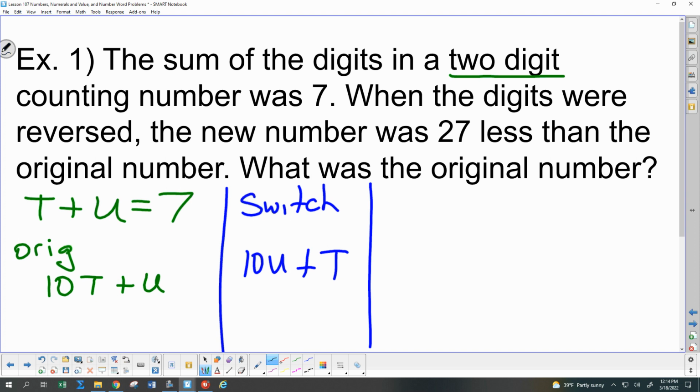So that means our equation, when the digits are reversed, when it's switched, the new number is 10U plus T, was 27 less than, so I had to subtract 27 from something, less than the original, which was 10T plus U.